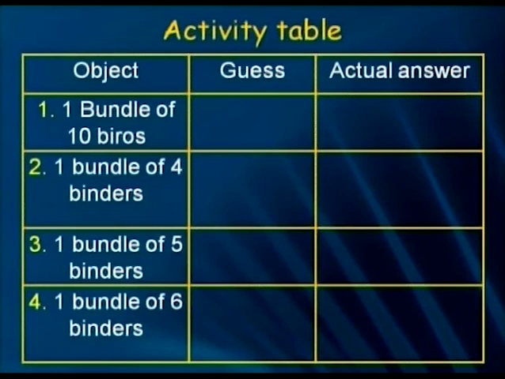All right, you will have 3 columns on the table. First one, you have the objects. Second column, you have to make your guess, the weight of those things, those objects, and the last column is the actual answer.